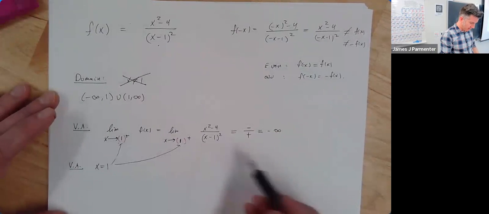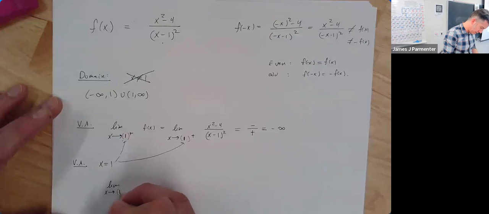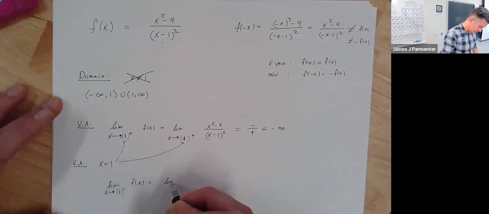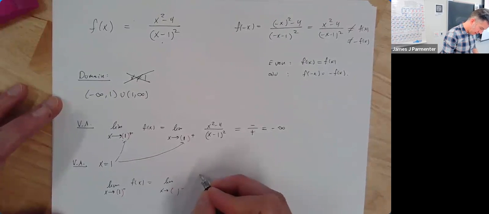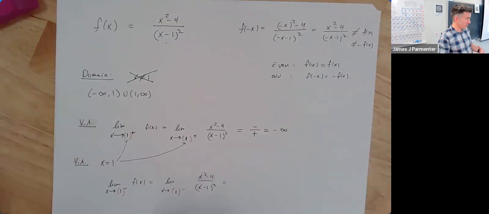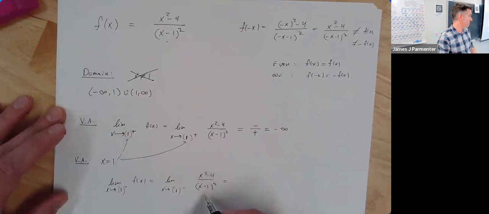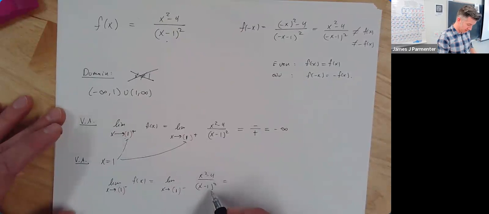And then the other side of this, she's also asking the limit as X approaches 1 from the left of f of X, which is the limit as X approaches 1 of X squared minus 4 over X minus 1 squared. If we approach 1 again, because 1 is still the same vertical asymptote, but now from the left-hand side, the top is still negative, and the bottom is still positive because it's being squared.